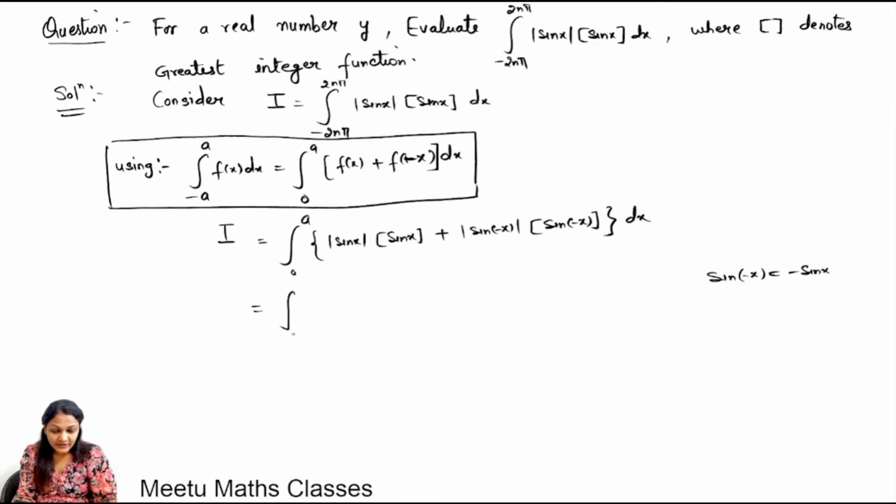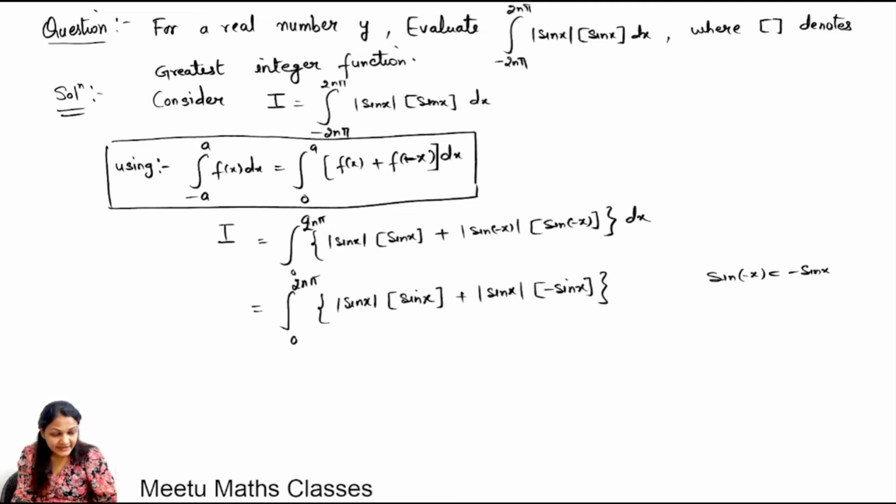So your I will become 0 to 2n pi, modulus of sin x into greatest integer function of sin x plus, sin of minus x is minus sin x, and modulus of minus sin x is equal to modulus of sin x, and this will give you greatest integer function of minus sin x dx.